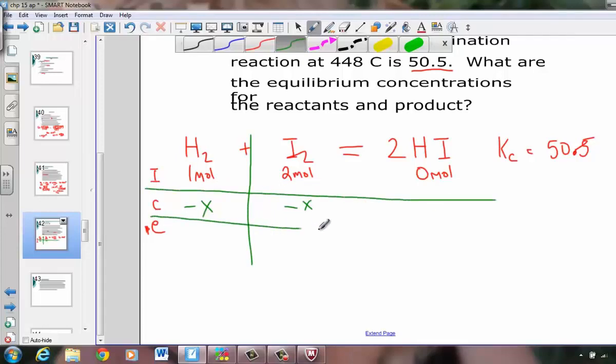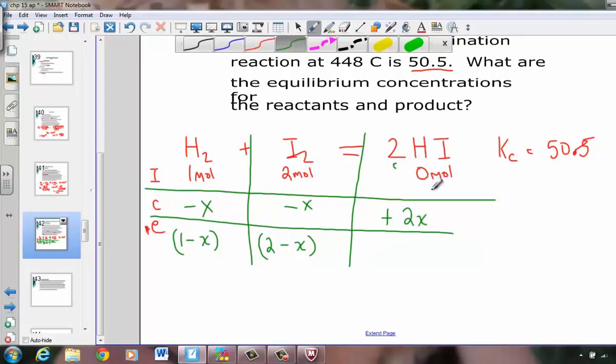And in our ICE chart, what we've now determined, at equilibrium, we have a value of 1 minus x for hydrogen, and at equilibrium, we would have a value of 2 minus x for iodine. Keep in mind the product got made, so it is going up in value, and it's going to happen at twice the rate. So 2x is going to be its molar concentration, a 2 to 1-to-1 ratio. So at equilibrium, we have a value of 2x.